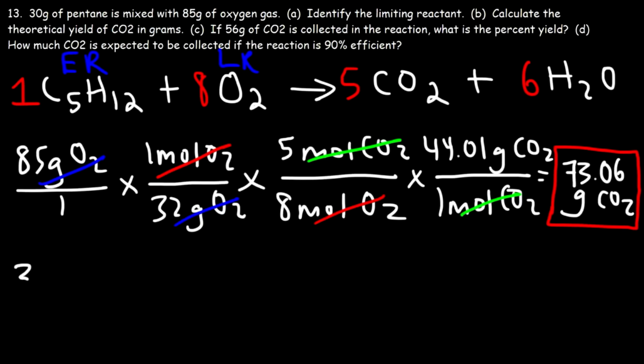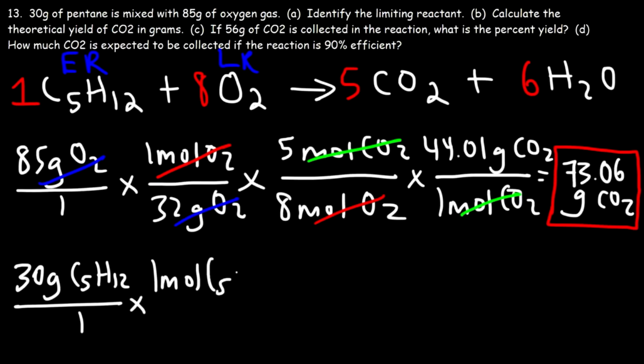Now let's start with 30 grams of pentane, C5H12. Now the molar mass of pentane is going to be 72.146 grams.